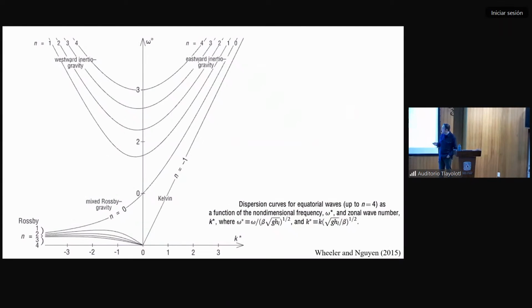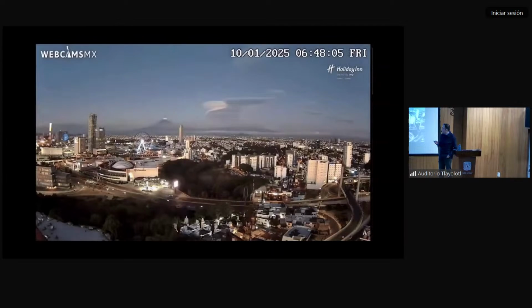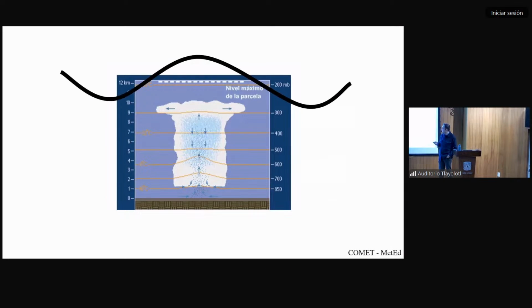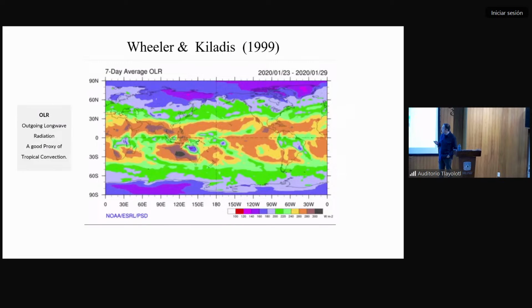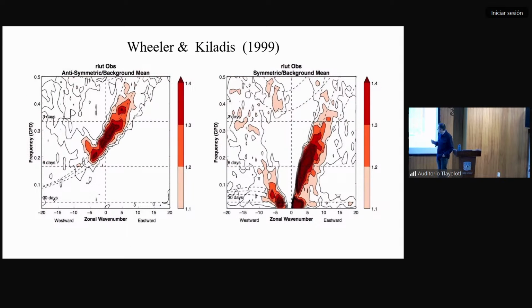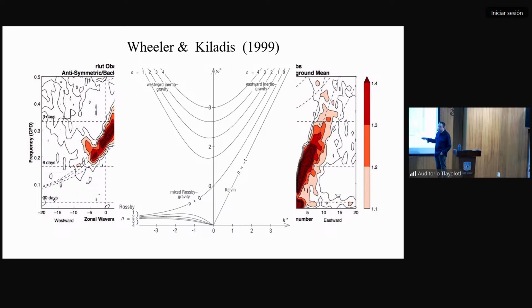But what I didn't mention is, when Wheeler and Kiladis found this dispersion, these lines, I hid something from you. These lines are the dispersion lines of the Matsuno solutions, but with very, very short scale heights of like 15 to 50 meters.